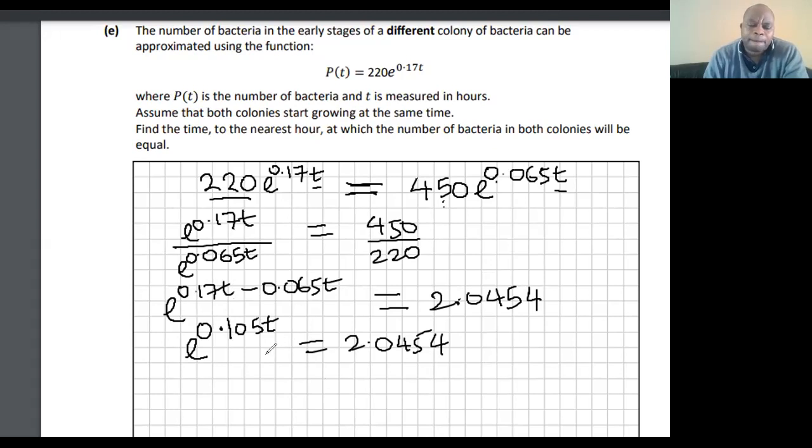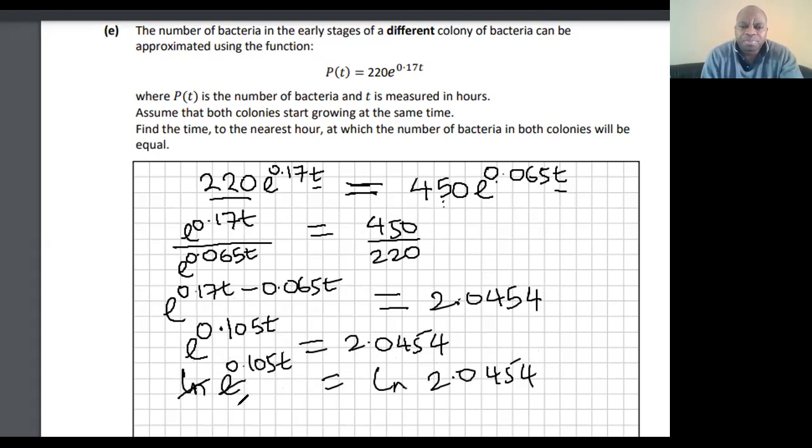0.105t. So don't forget, take ln of both sides as usual, equals to ln of 2.0454. So ln cancel out exponential. So what do we have?